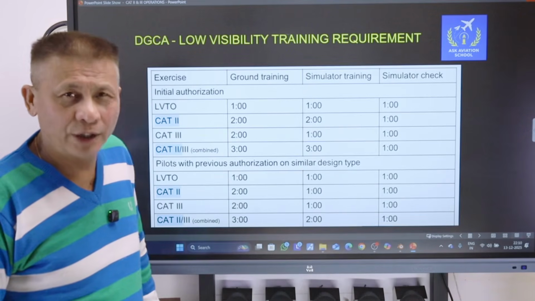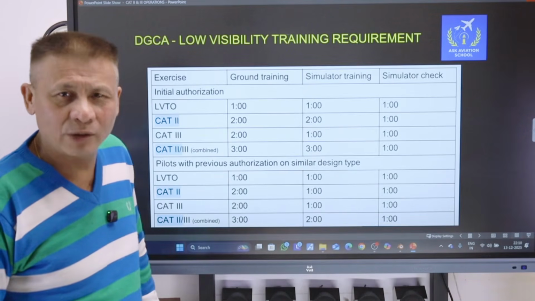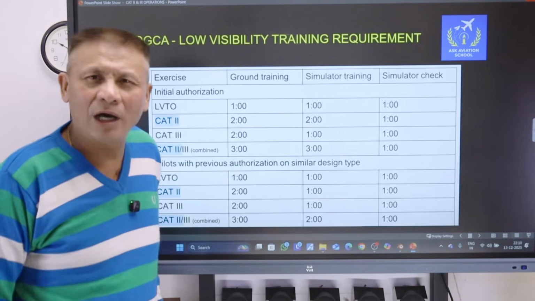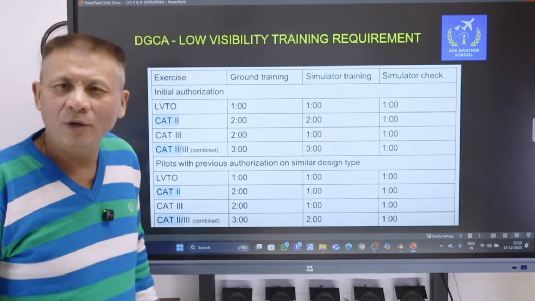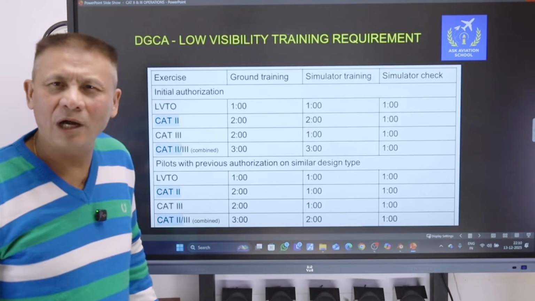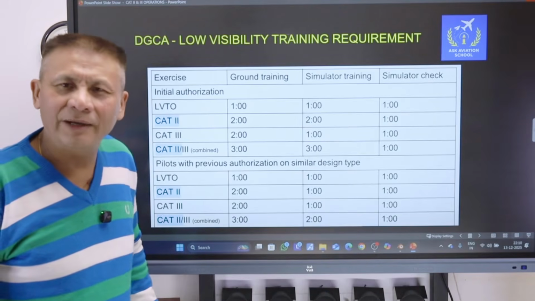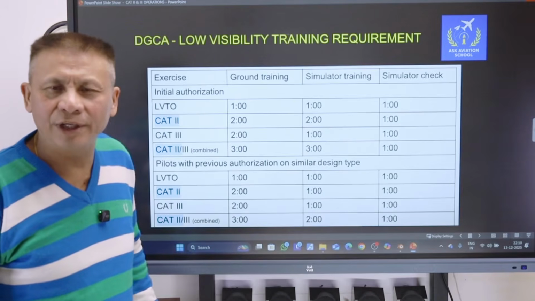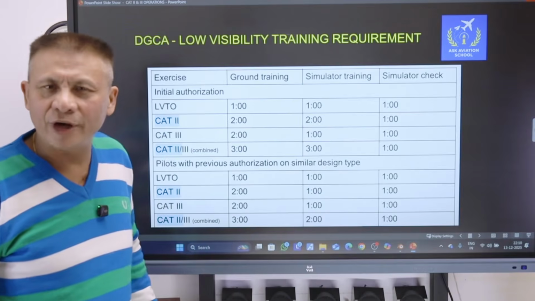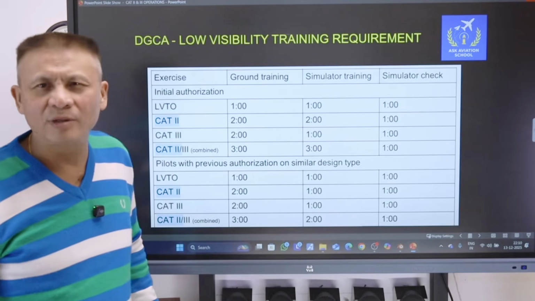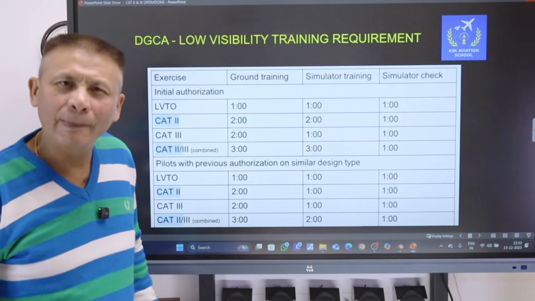For category 2, it is 2 hours of ground training, 2 hours of simulator training and 1 hour of simulator check. For category 3, it is 2 hours of ground training, 1 hour of simulator training and 1 hour of simulator check. If you combine both category 2 and 3, the ground training required is 3 hours, simulator training is 3 hours, followed by a simulator check of 1 hour.